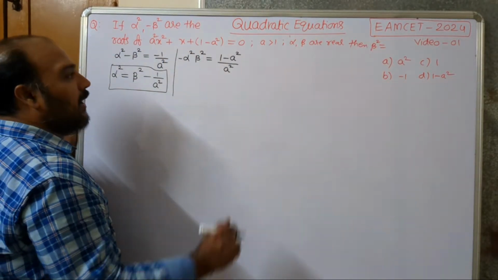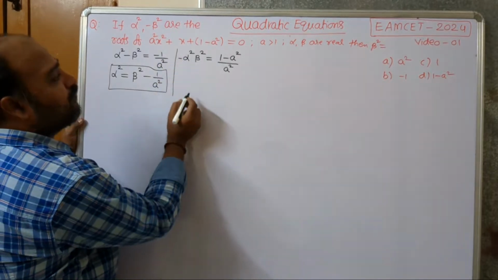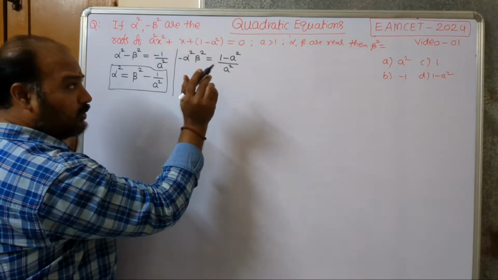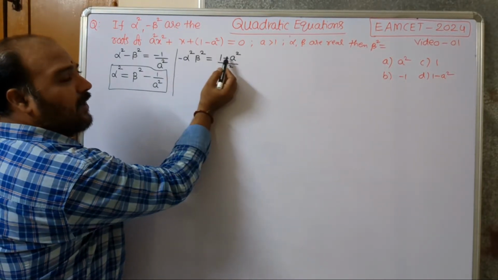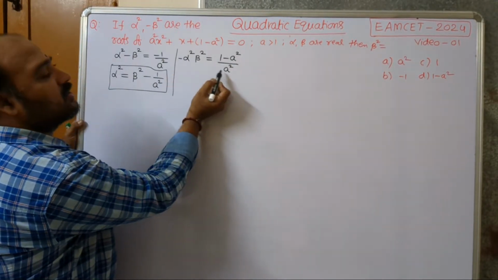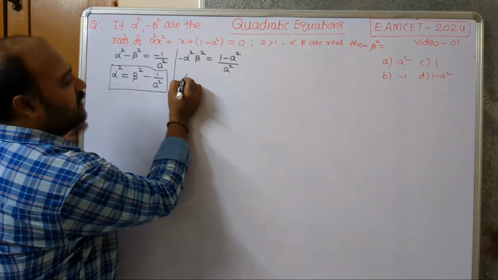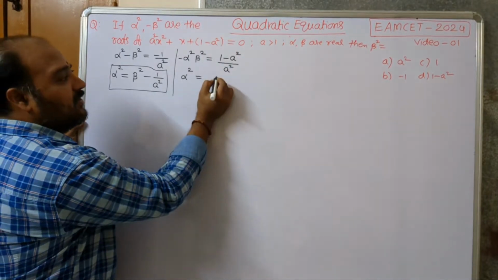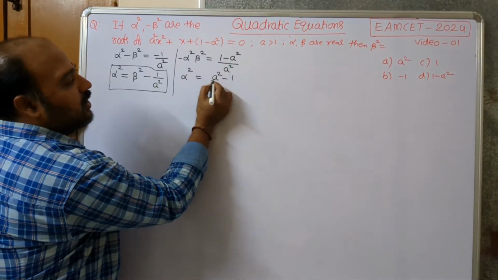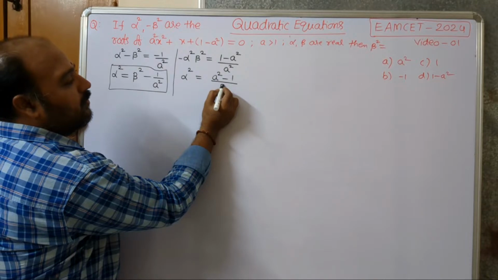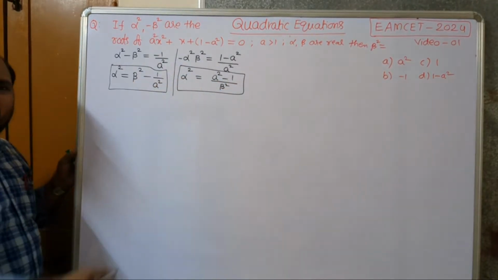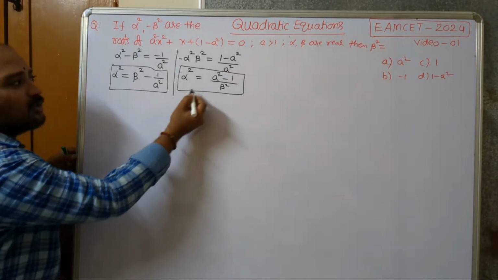Here also I am going to make minus beta square, bring this side. If you remove this minus, these two will be interchanged, and alpha square also, beta square also bring this side. Alpha square equal to, removing minus, interchanging of these two, a square minus 1 by beta square. Observe carefully, these two values are equal only, no? So we can equate these two.